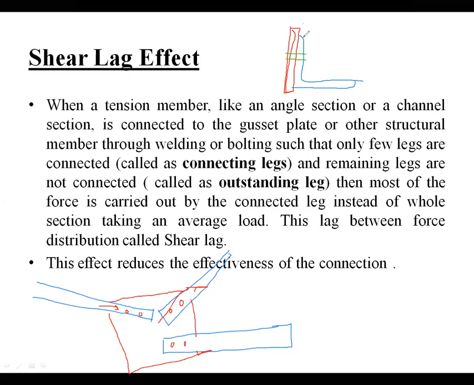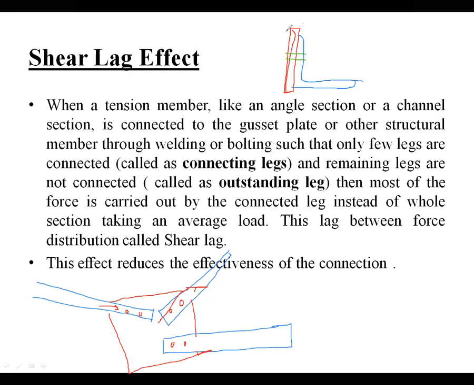In that particular figure, you are able to see that one leg of the angle section is connected to the gusset plate by means of a bolt.